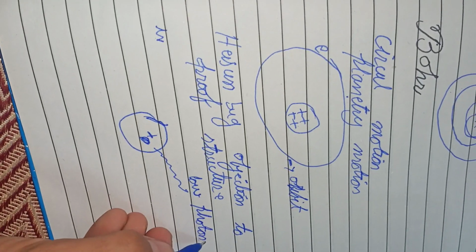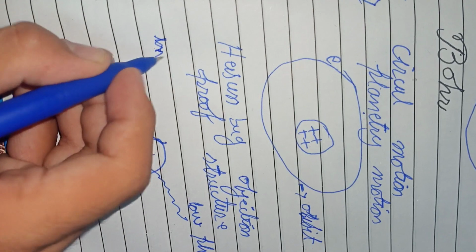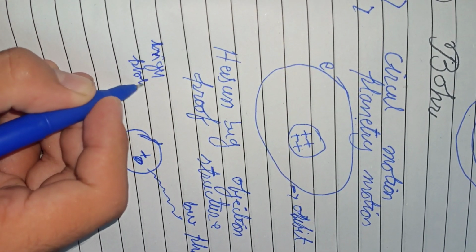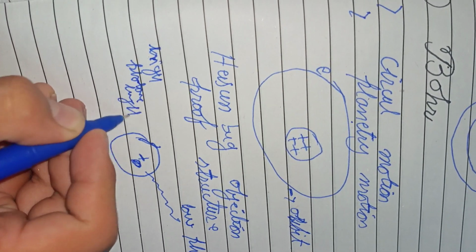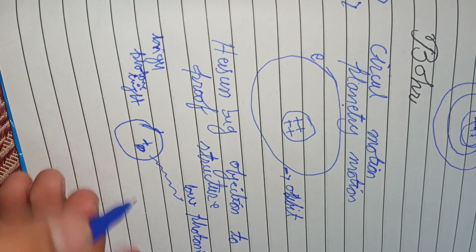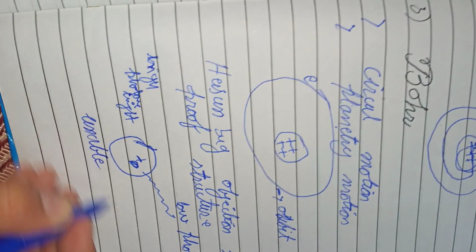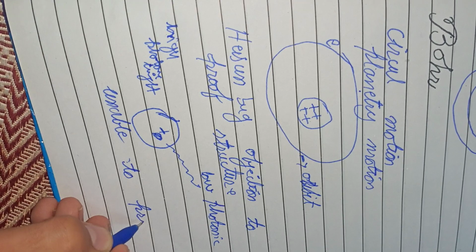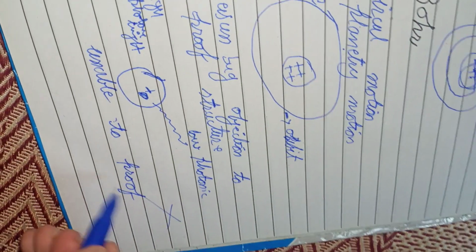We know photon. What is photon? Energy packets. High photonic light. But nothing happened and nothing was visible by this, so he was unable to prove it. So this model was proved wrong.